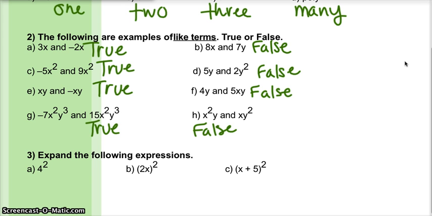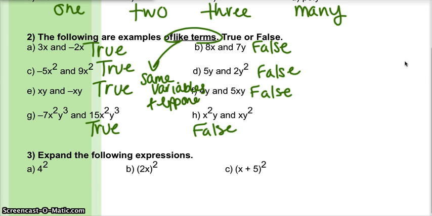So what makes like terms like terms? Like terms are when you have the exact same variables and their exponents. So they have to have the same variable with the exact same exponent.